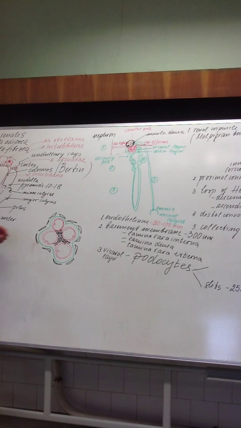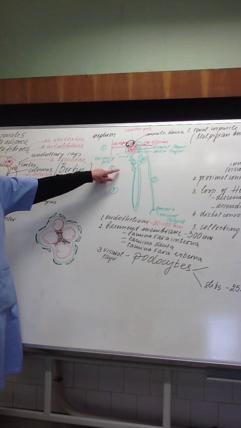Basement membrane is a result of interaction of different types of cells, between the visceral layer and the wall of the capillary. This is the structure and location of Malpighian bodies. Do you have any questions?